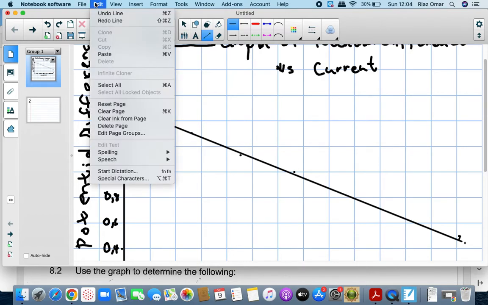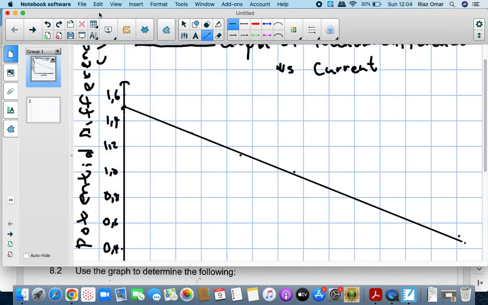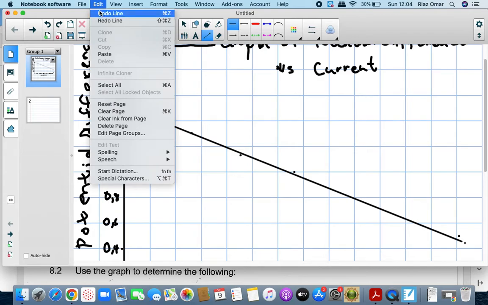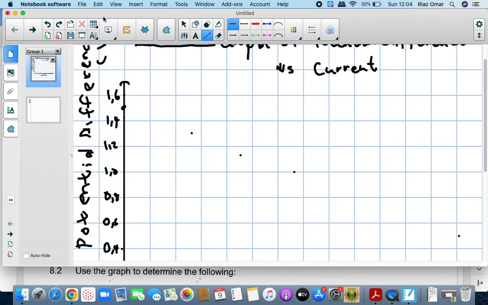Let me just make the values a bit thicker so we don't mess them up. Okay, it's going to be a bit of a problem. Let me just leave them rather.